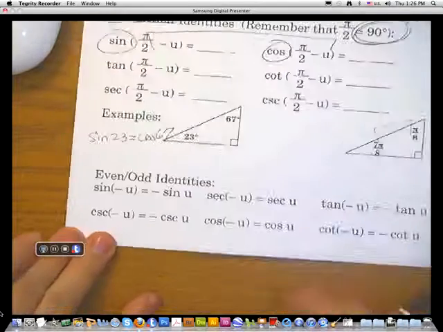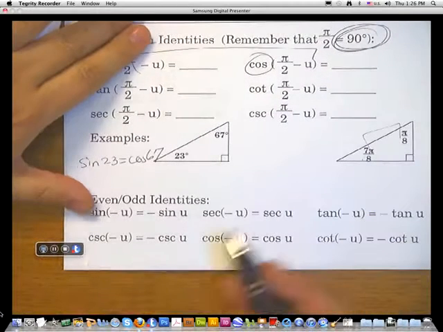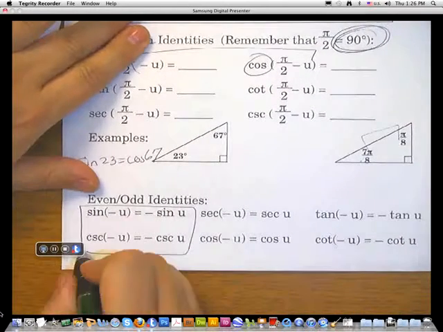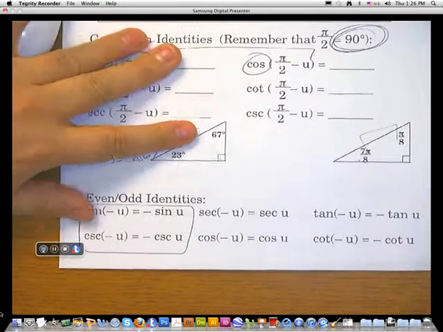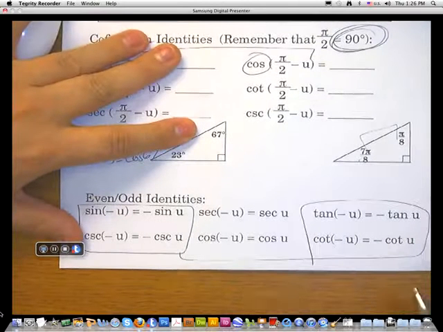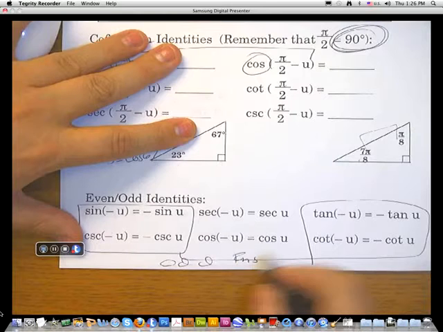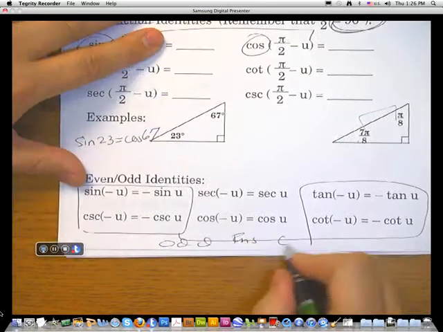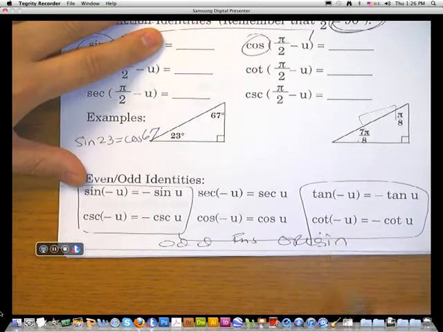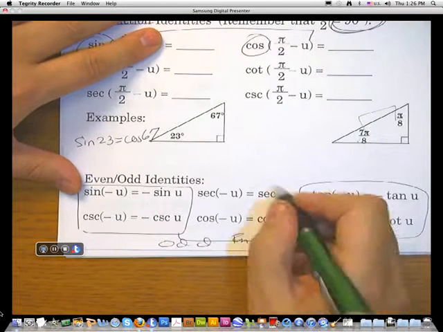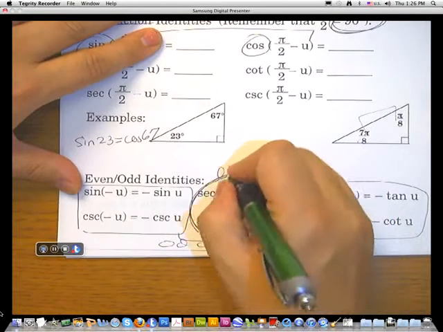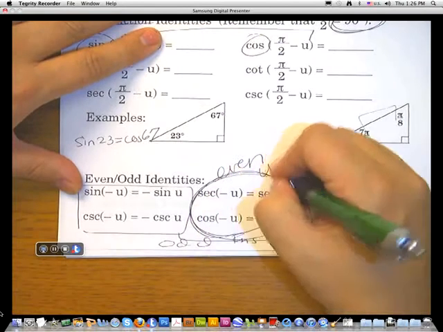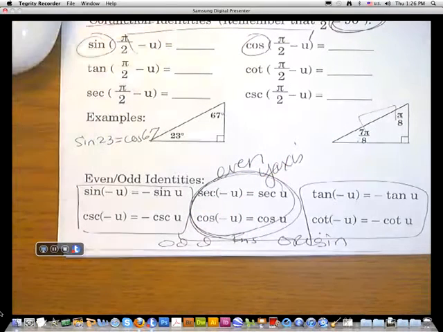And also going back and reviewing these, sine and cosecant and tangent and cotangent are odd functions because they reflect over the origin, whereas secant and cosine are even, and they're going to reflect over the y-axis.